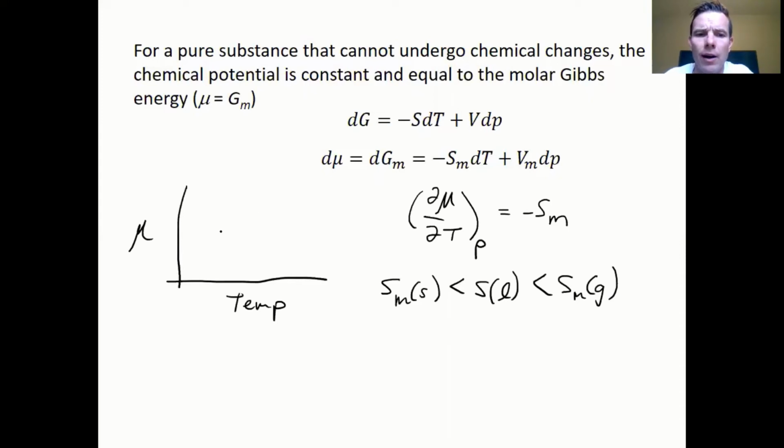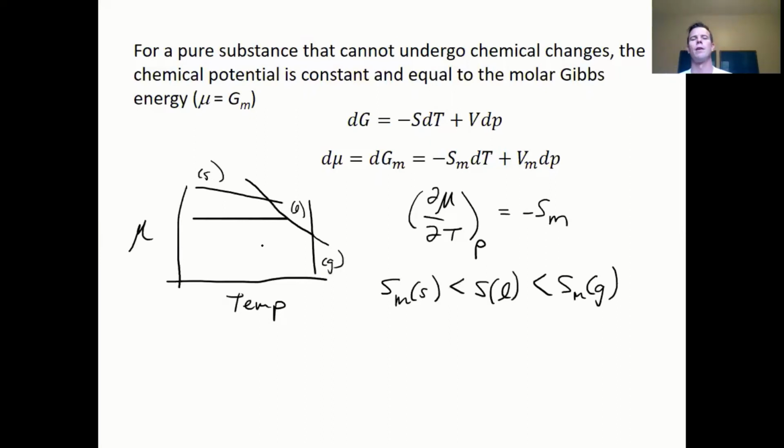So if I interpret this onto this plot, what I'll get are three regions. There's one region associated with the solid, one with the liquid, and one with the gas. Solids are the least entropic, so they have the smallest slope. Liquids are in the middle, gases have the biggest slope. And what this plot is telling me is that at low temperatures, solids are the least entropic and therefore have the lowest chemical potential.